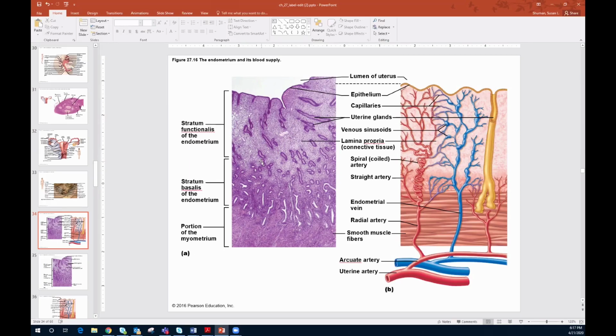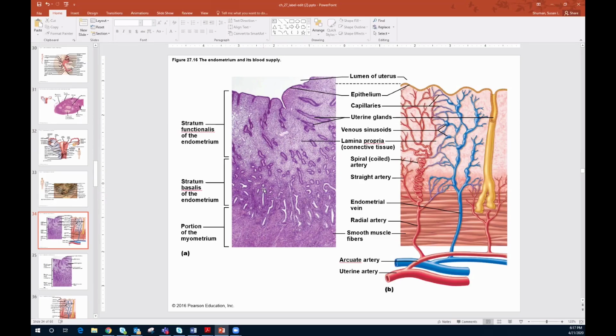It's got the part that's going to build up and be shed or build up and become part of the placenta. Okay? So the stratum basalis, the bottom layer, the basilar zone, this is what forms the next functional zone. So it's sitting right on top of the myometrium. So this is always there.